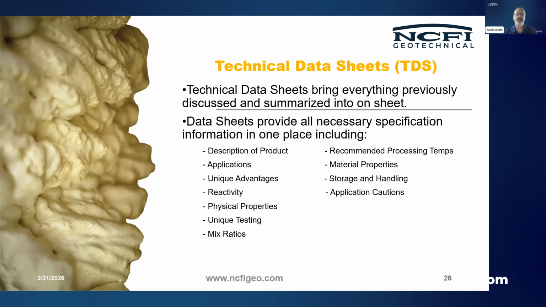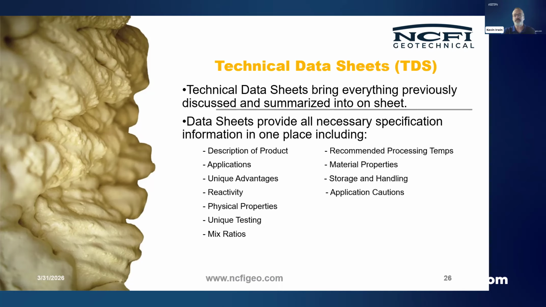So the technical data sheets provide all the necessary information you need for specifying the foam. There's a description of the project, the applications, unique advantages, reactivity, physical properties, testing mix ratios, processing temperatures, material properties, storage and handling, application cautions.